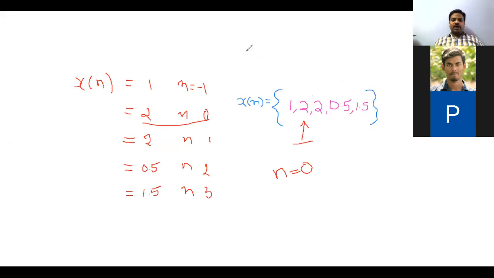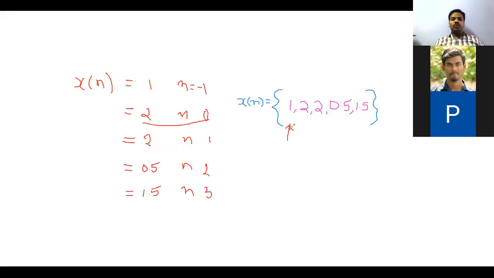Suppose you have one important doubt in your mind: sir, what happens if in some cases the arrow is not given? In that particular case, by default, you need to consider the first point as the starting point.